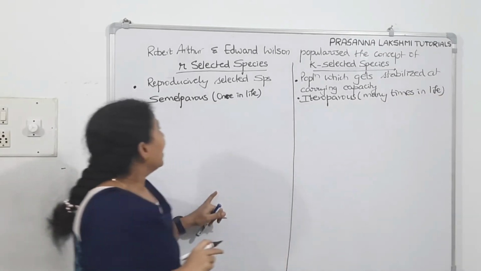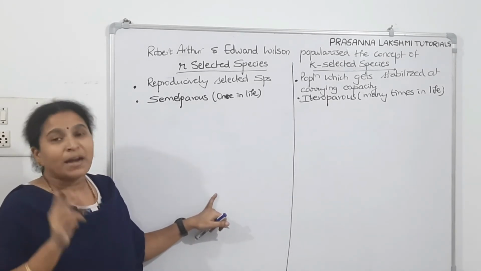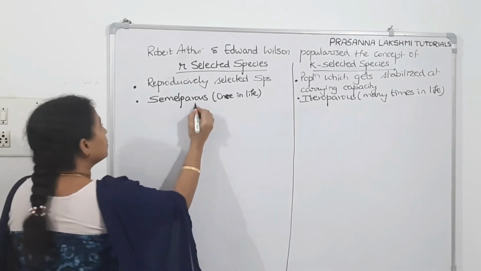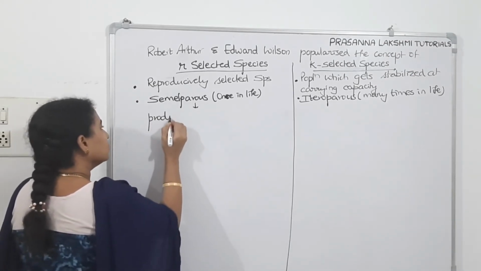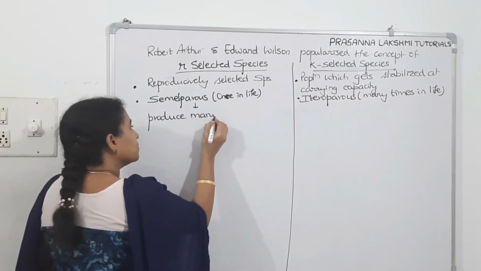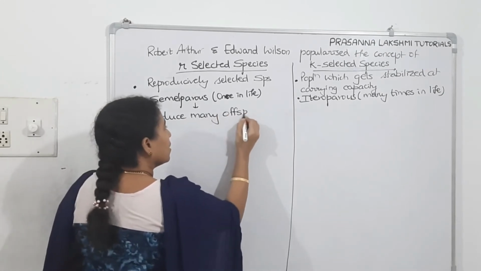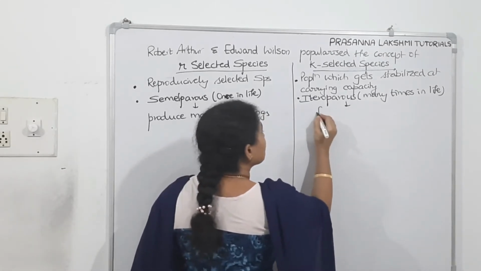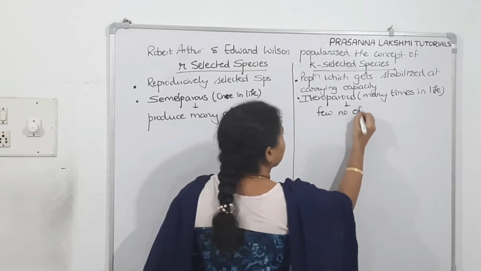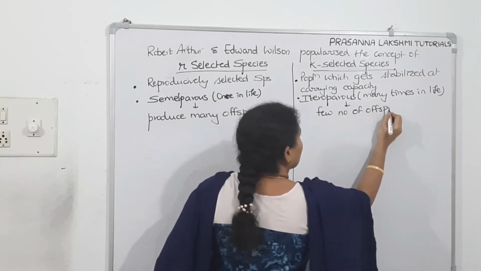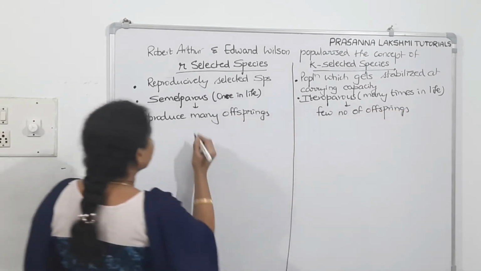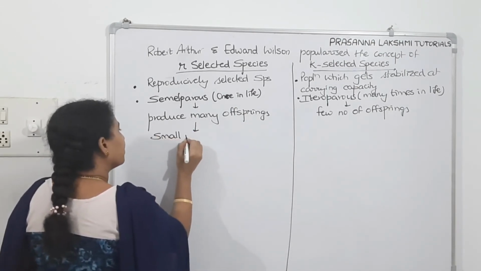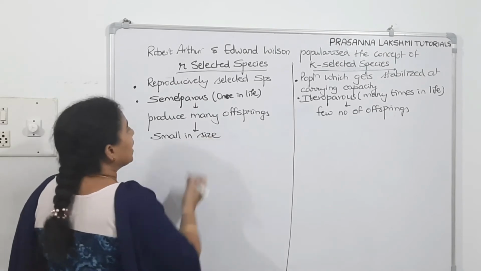And we know if R selected species reproduce once in life, in that reproduction itself, they want to produce many progeny. So, they produce many offspring. Since K selected species can reproduce many times, they produce a few offspring. Since R selected species produce many offspring, the offspring are small in size.